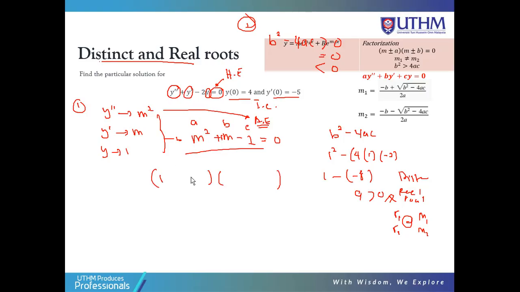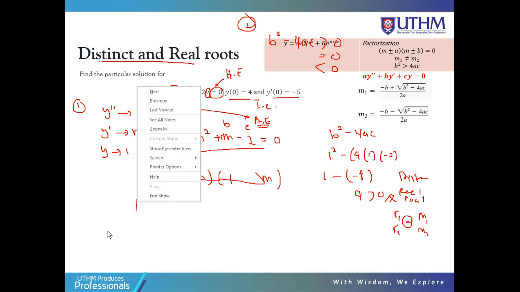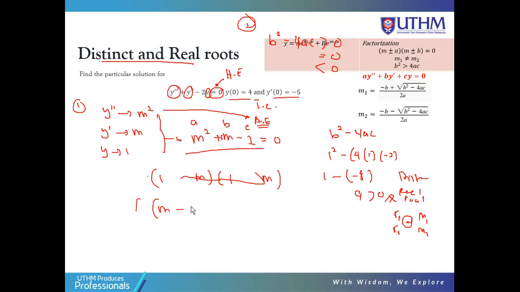Let's factorize: m minus 1, m plus 1. Sorry, that is wrong, not correct.